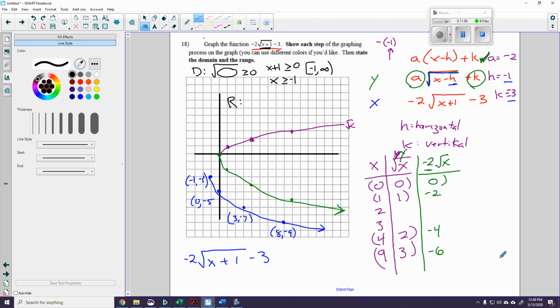So my lowest y value is -infinity. And then if I go from -infinity coming up the graph, I can see that it stops right there at -3. And -3 is included in the graph. So that is the range. So the domain is that, and my range is that.